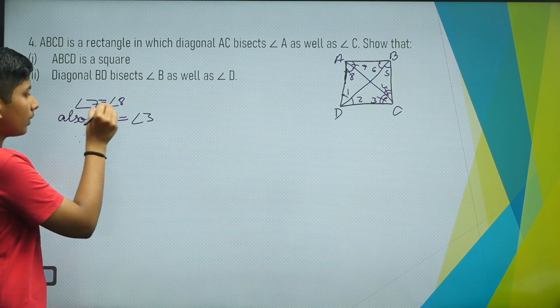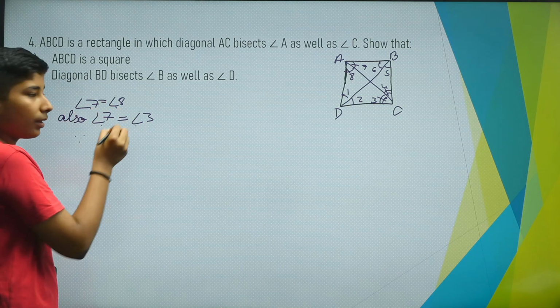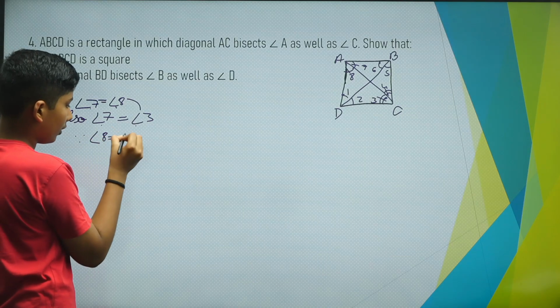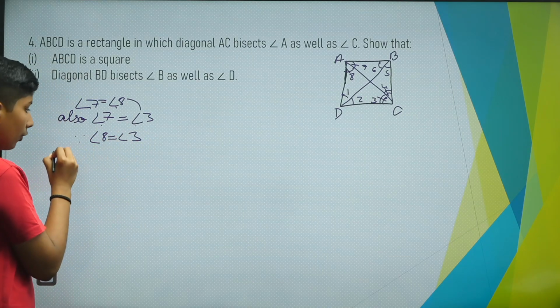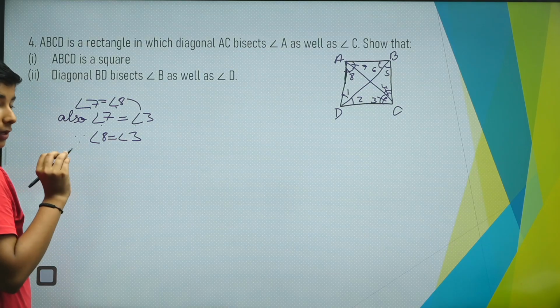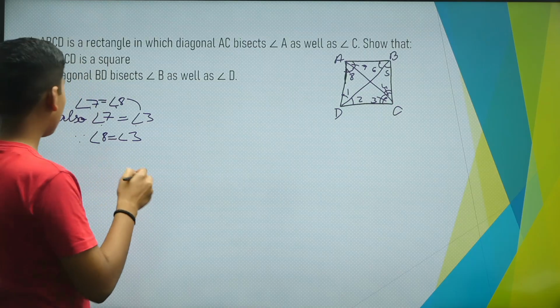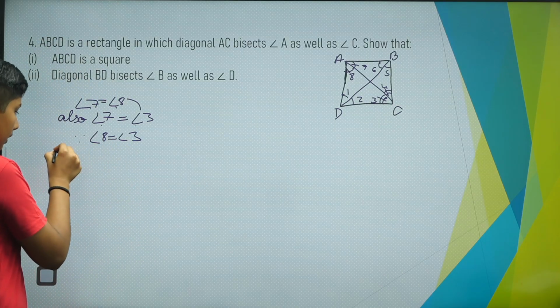So since this equals this and this equals this, these will also be equal. Angle 8 equals angle 3. Now equal angles have equal sides opposite to them.